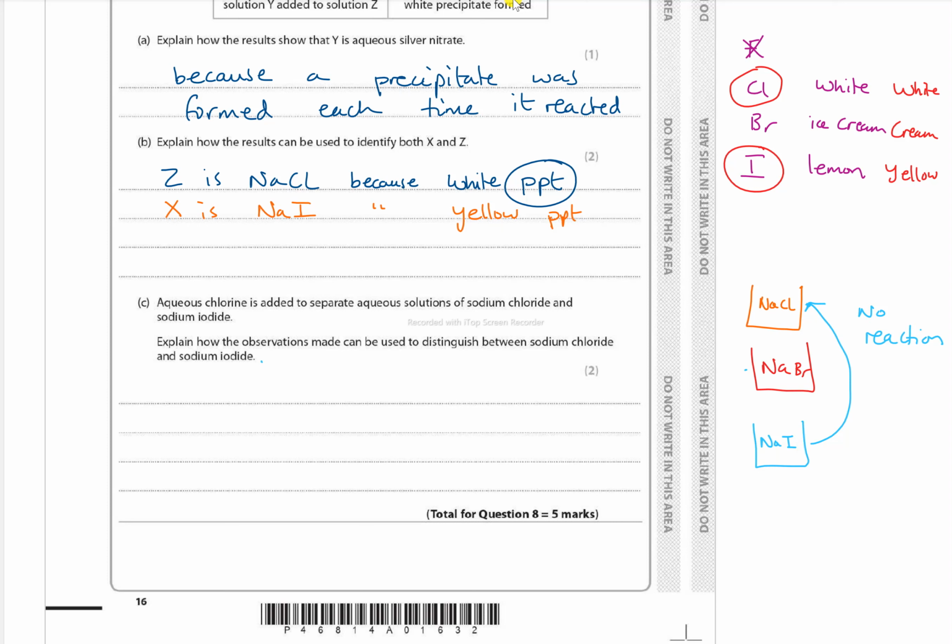No, right, I've misread the question. That's really bad. Let's try this again. You're adding chlorine solution. So if I add chlorine solution to this, it would be no reaction because a halogen cannot displace itself.